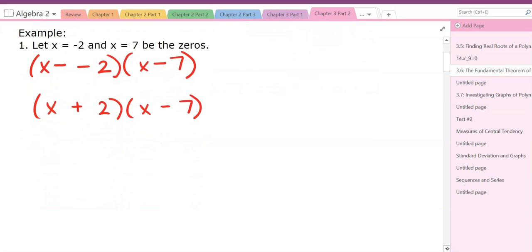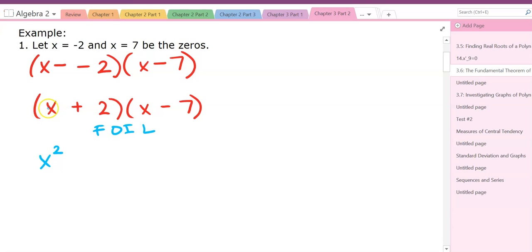Okay, so now what we would do is FOIL these two things together in order for us to multiply. So first, which would be the first two terms in your parentheses, which is the x and the x. So x times x is going to be x squared. Remember, outside would be the two terms that are farthest away from each other in the parentheses.